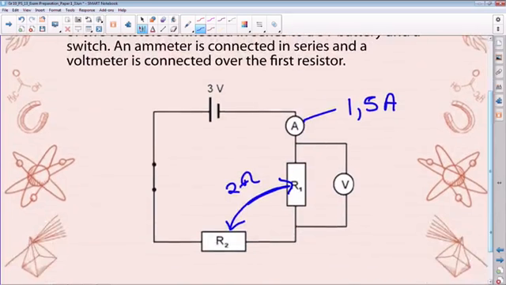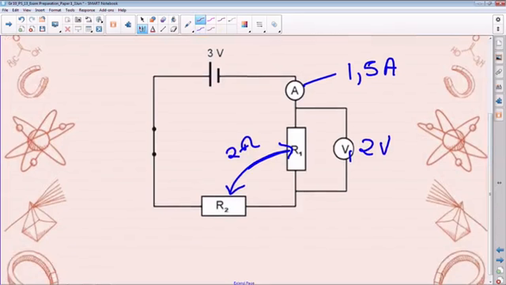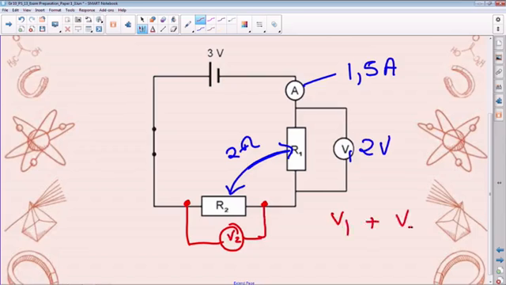We are told that V1 is 2 volts. If we had connected another voltmeter across R2, between two points across R2, let's call it V2, we're saying that V1 plus V2 must be equal to V total, which is 3 volts in this case. This must be V total. So we can tell that the same current goes through R1 as well as R2.